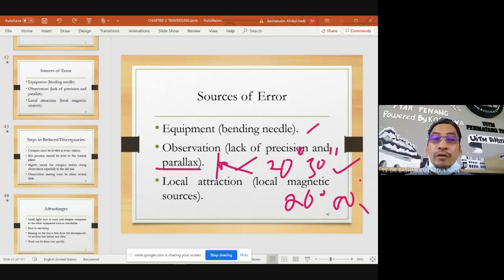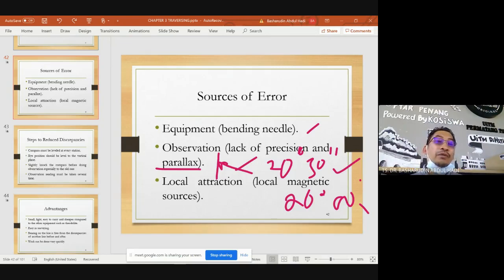Okay, local attraction. You know that for a compass, if anything magnetic is nearby, it can pull the magnetic north and east, north and south. That means if you are doing a survey, avoid metal nearby. But sometimes we cannot avoid it, for example, at the Batu Gajah tin mines in Perak.